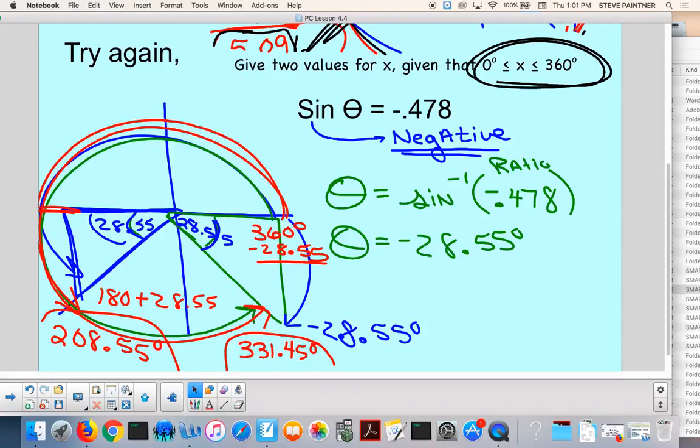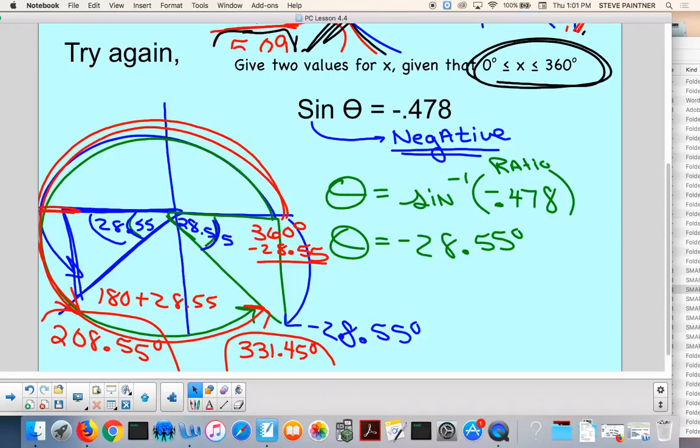Now here's what they say, go get secant. And by the way, this is the angle you're doing, which created this right triangle. Now do secant. You know what secant is the reciprocal of?